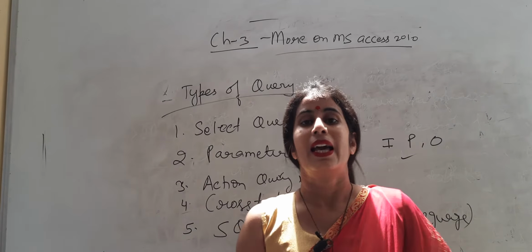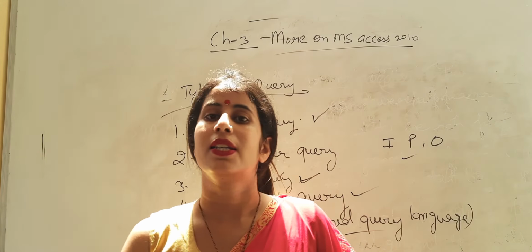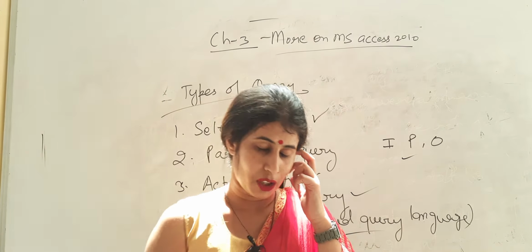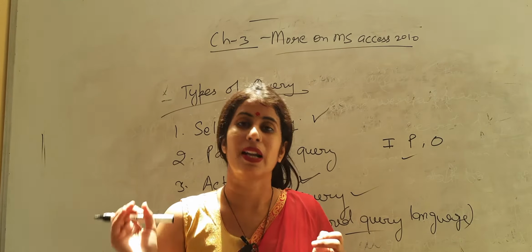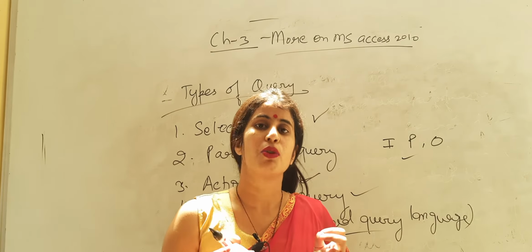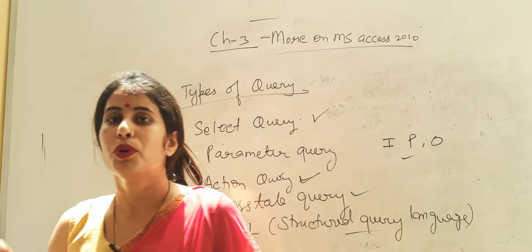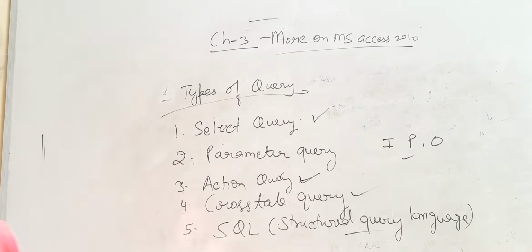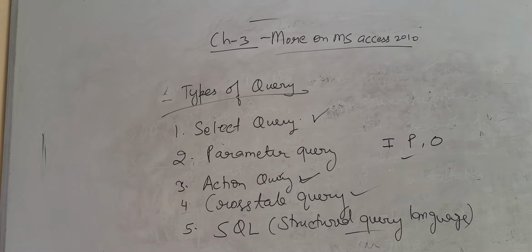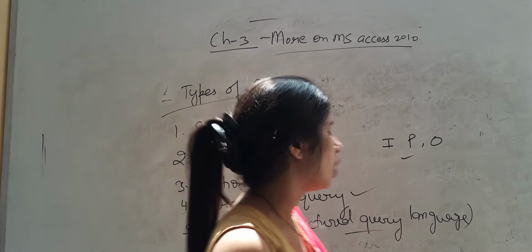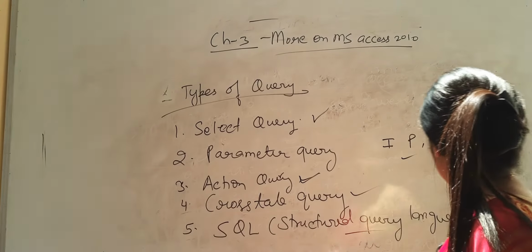Now the last is SQL, structured query language. SQL is a computer language, and we are able to use this language for searching, for adding, for deleting any kind of data, and we are able to update all the data with the help of this language.